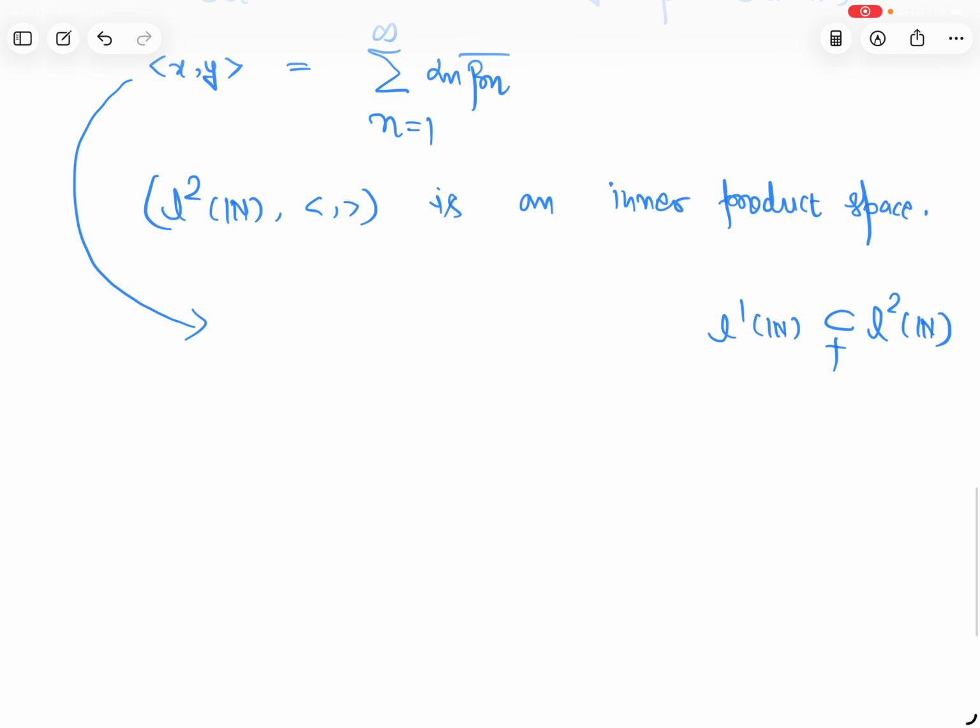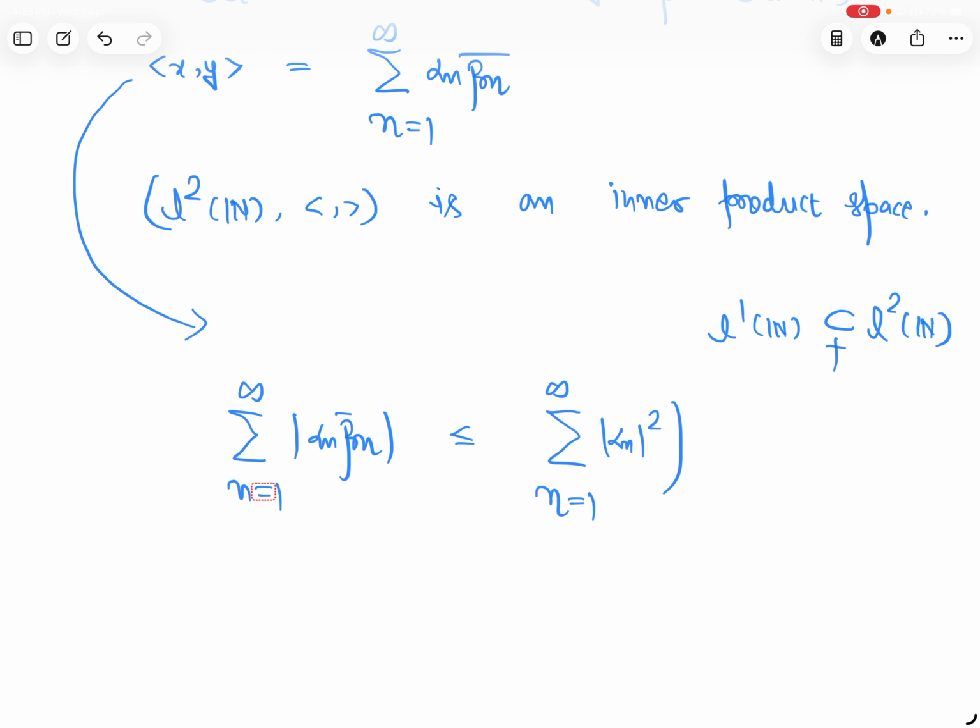So if I can show that the series sum of alpha_n beta_n bar is absolutely summable, that means l1. By Holder's inequality we have this thing. We know that if the sequence alpha_n is in l2, its bar sequence will also be there.